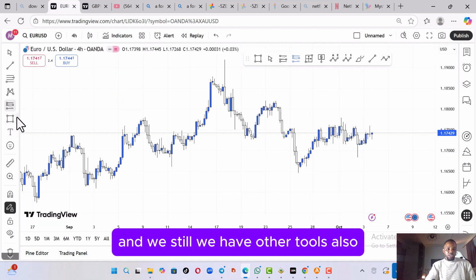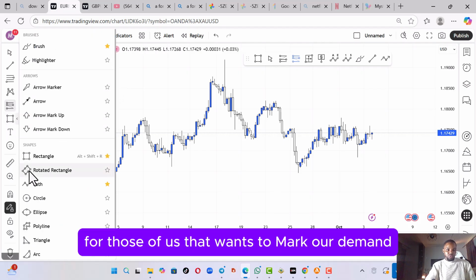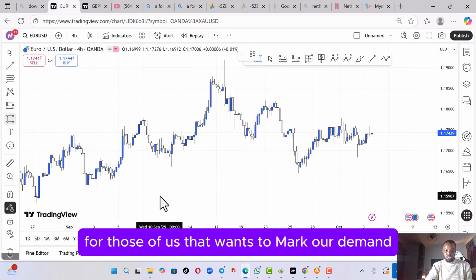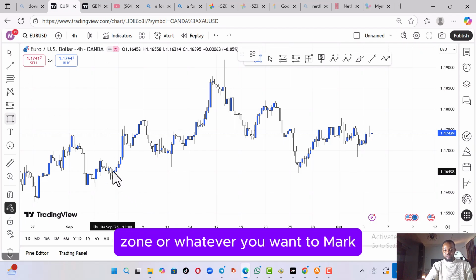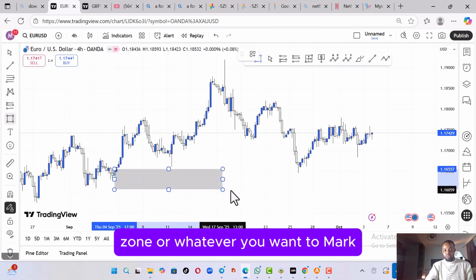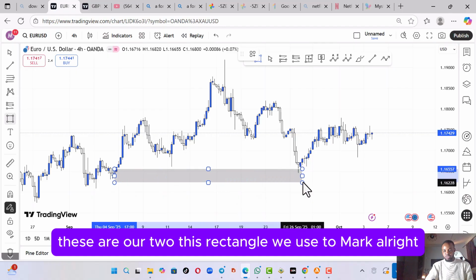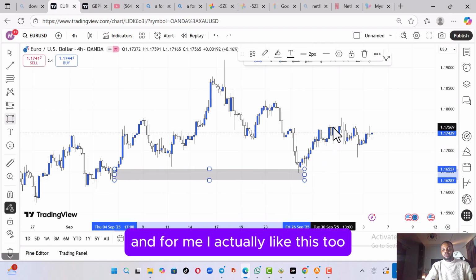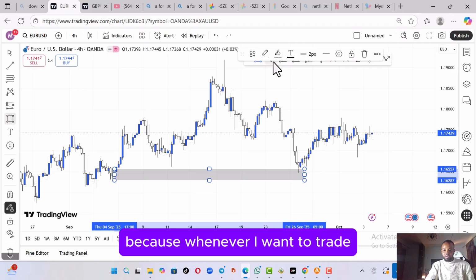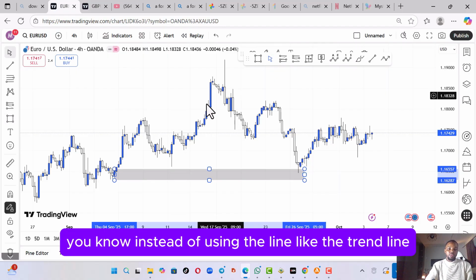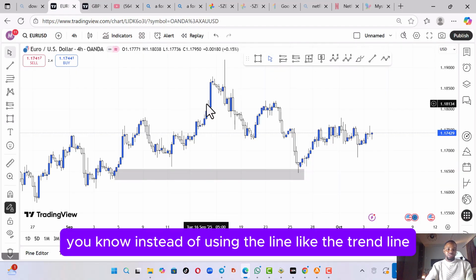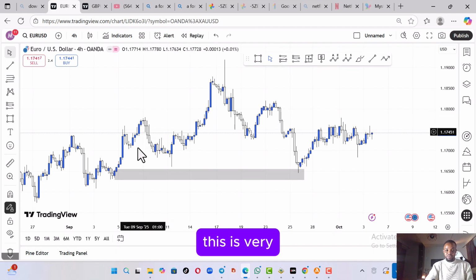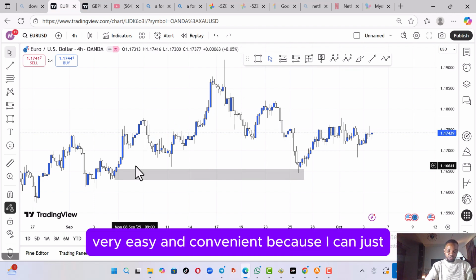And we have other tools also for those of us that want to mark our demand zone or whatever you want to mark. These two, this rectangle, we use to mark. All right, and for me, I actually like these two because whenever I want to trade, instead of using the line like the trend line, this is very easy and convenient.